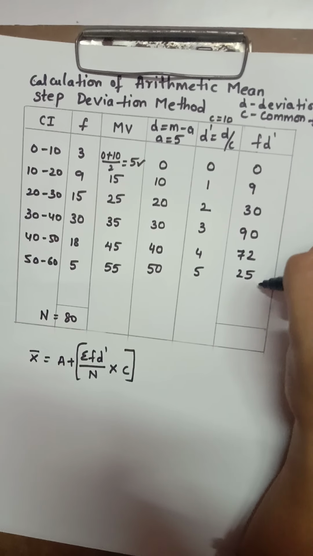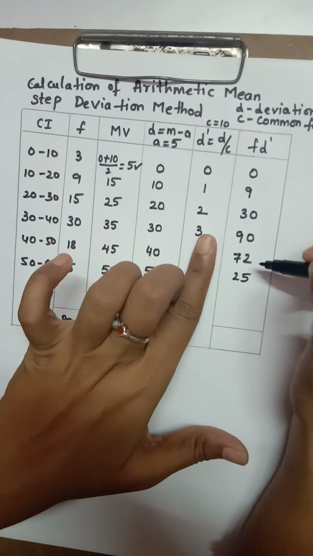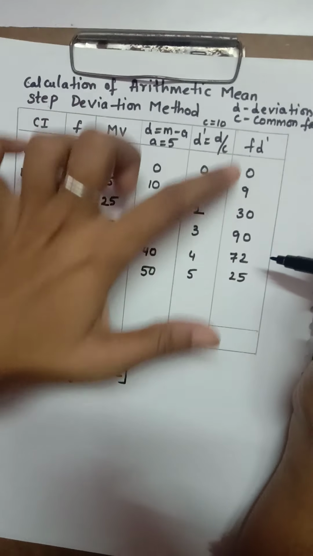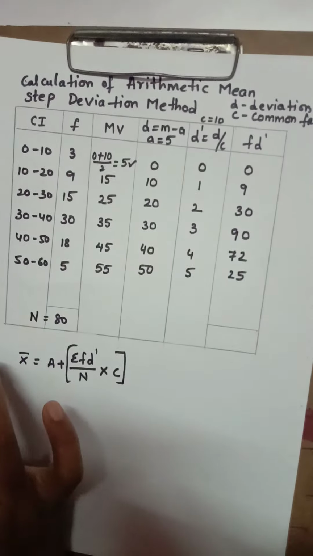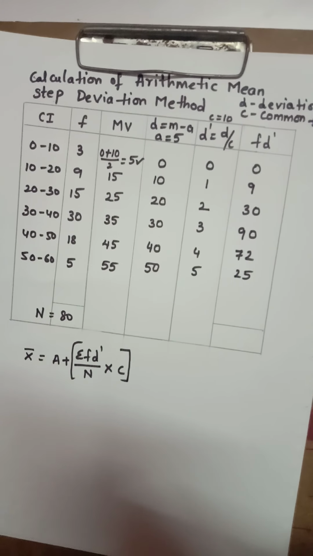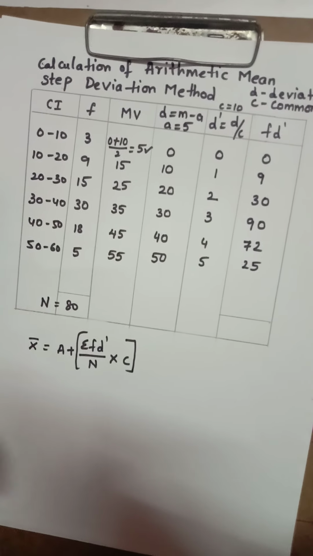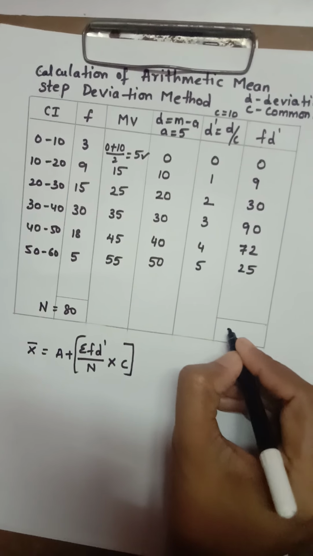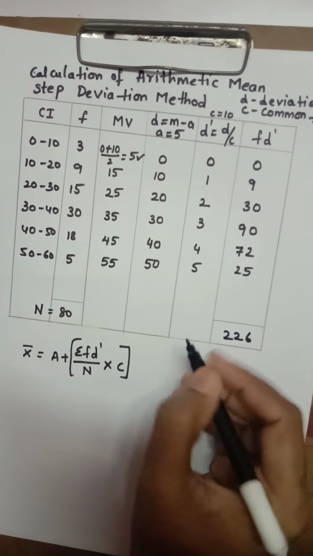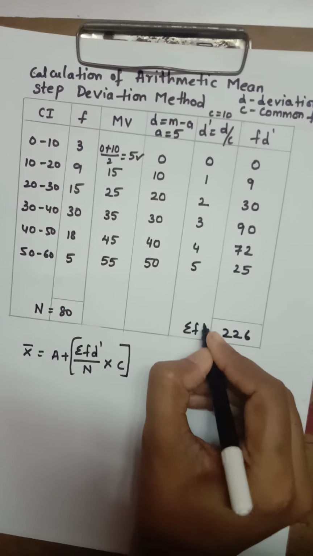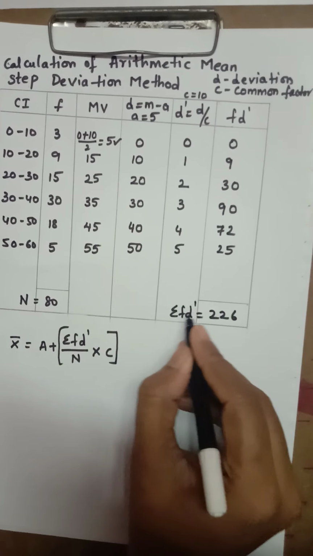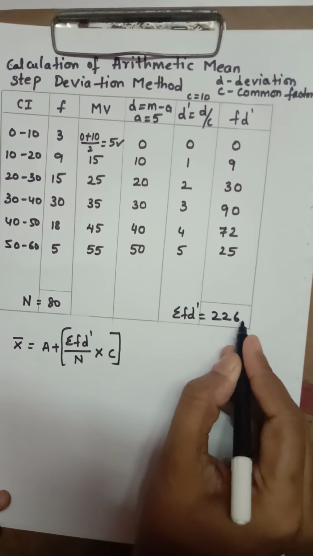After multiplying the F values and D dash values, we get all these values. We need to add all these values. Here 9 plus 30 plus 90 plus 72 plus 25. So the total value of this column, sigma FD dash, is equal to 226.